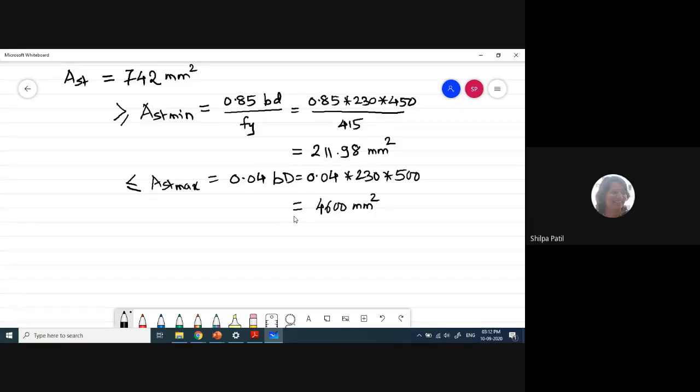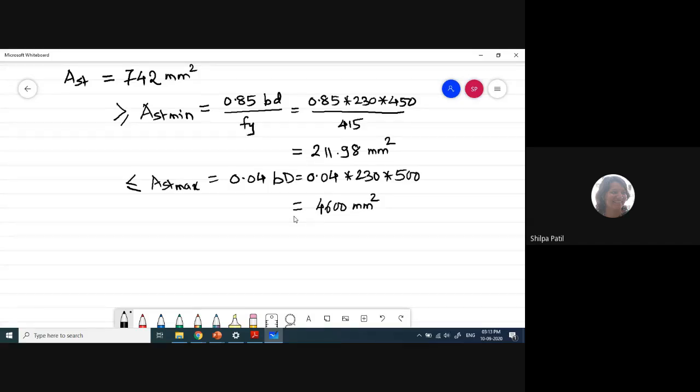Correct. Now we have to decide what diameter of the reinforcement we are going to provide and how many number of bars we have to provide. The total area of all the reinforcing bars required is 742. And now we have to decide what will be the area of the single bar.